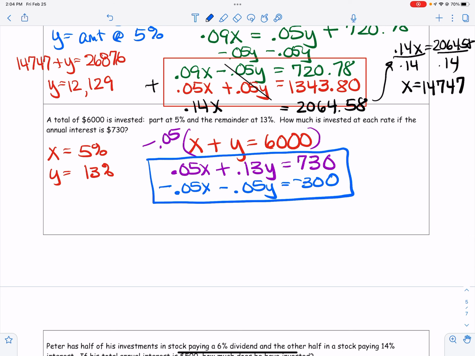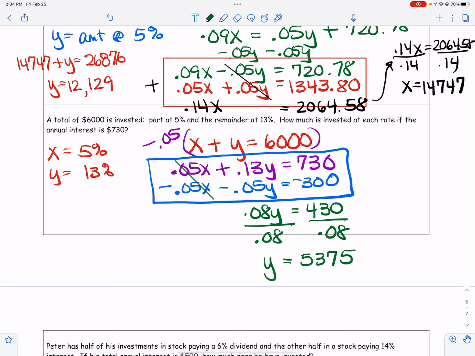And that gives me the following. So the x's cancel, and then I get 0.08y is equal to 430. Divide by 0.08. And so y comes out to be 5,375.